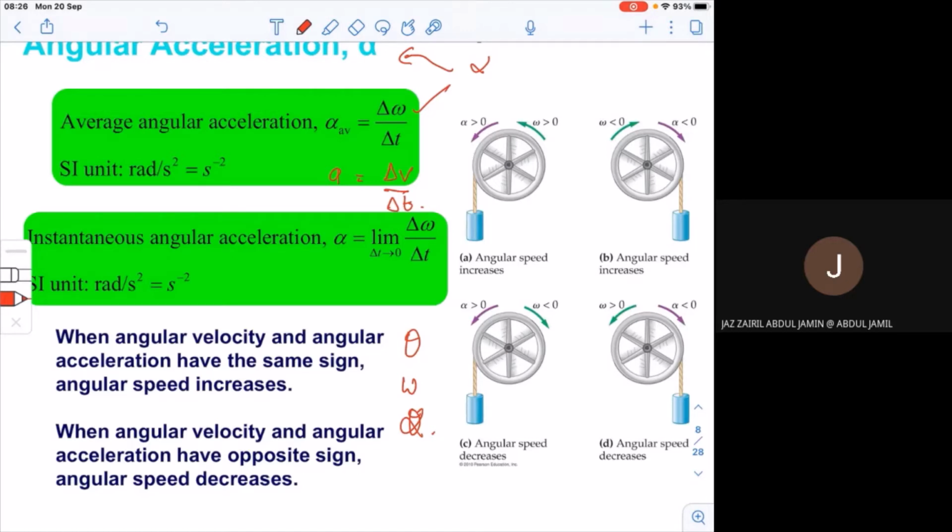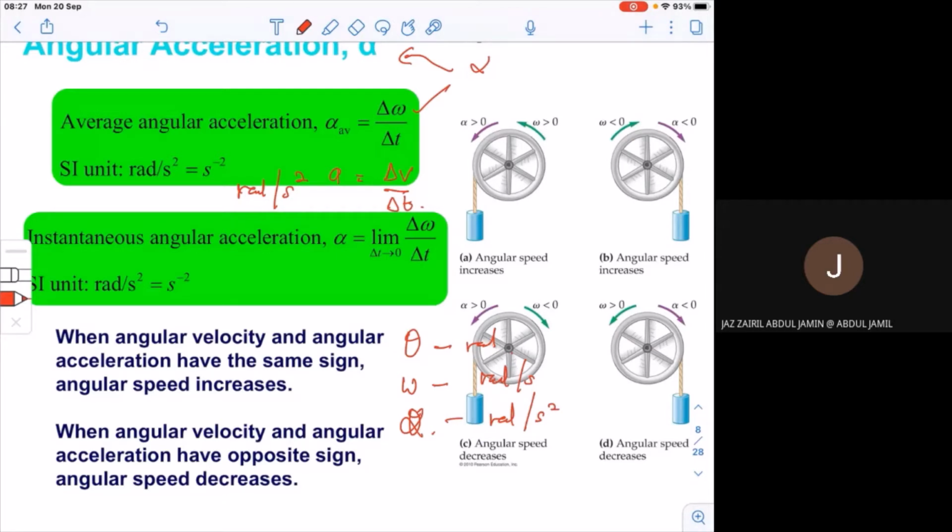For example, in here we have alpha equivalent to delta omega over delta t. The unit for average angular acceleration is radian per second square. Remember, the time is squared. So theta is in radian, omega is radian per second, and alpha is radian per second square.